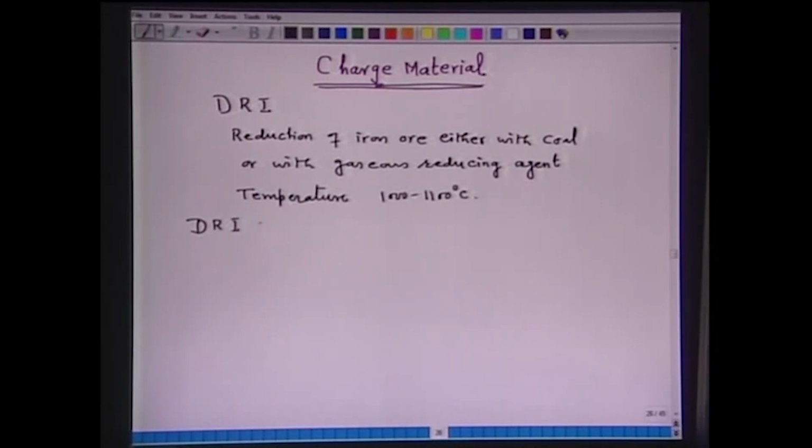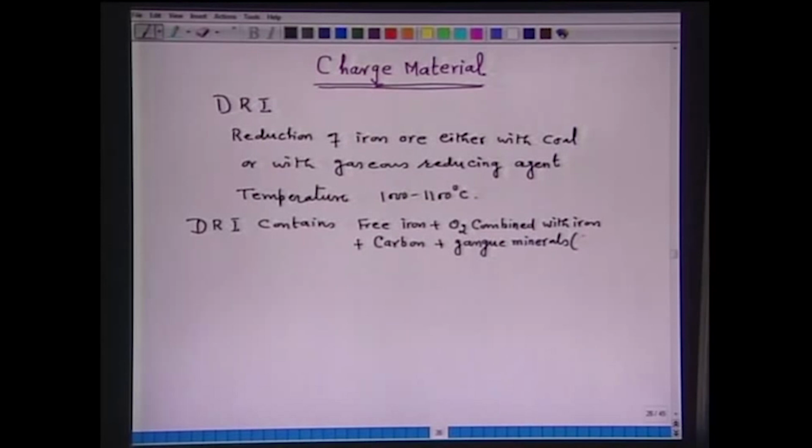DRI contains free iron, plus oxygen combined with iron, plus carbon which is left, plus gangue minerals, and these gangue minerals could be SiO2, Al2O3, TiO2, etc. That means whatever is present in the iron ore is transferred into the DRI, because no melting is being done, the reduction is carried out in solid state.